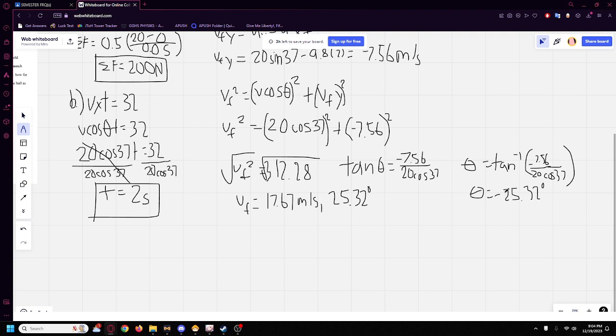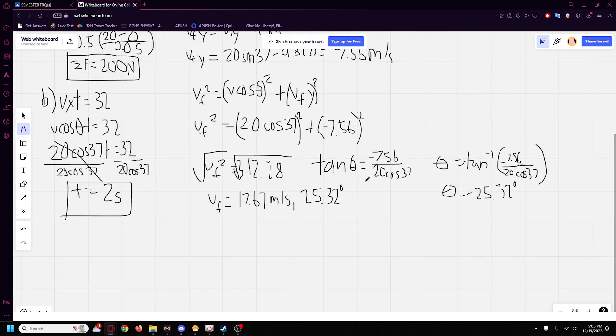And the negative is the same thing as being 25.32 degrees below the positive x-axis.